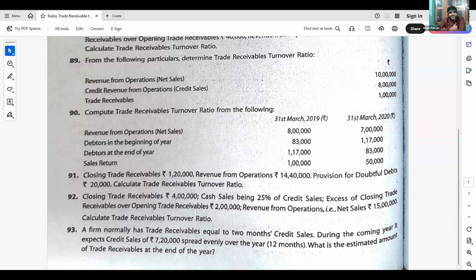I'm asking, have you solved the question as per the proper presentation, or just done the calculation part? Yes, sir, I wrote all the formulas down.